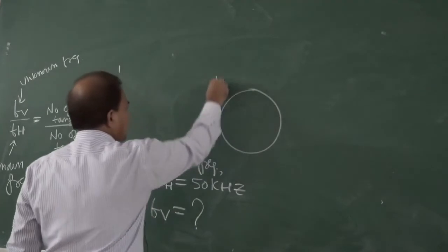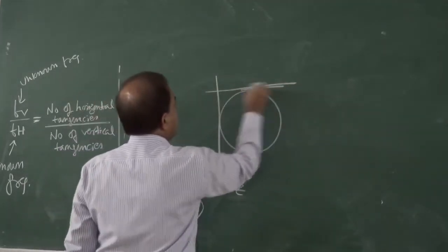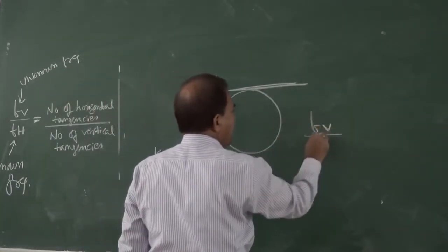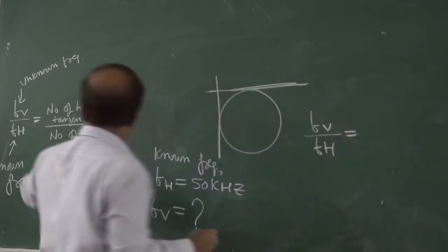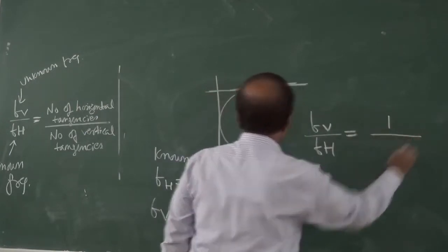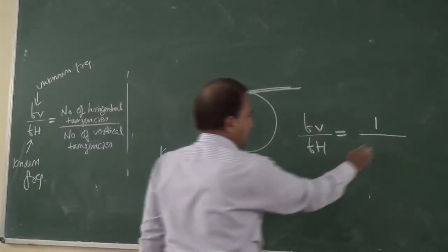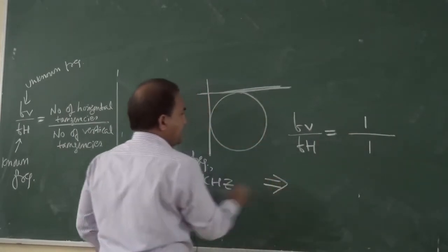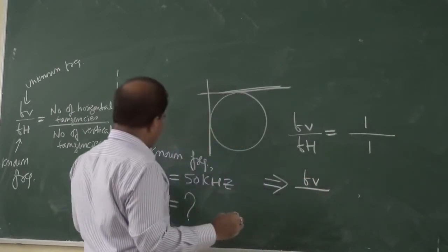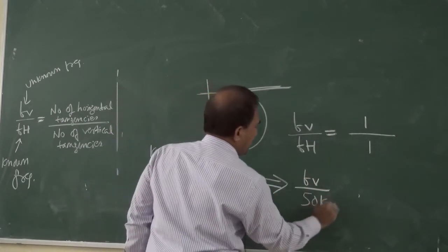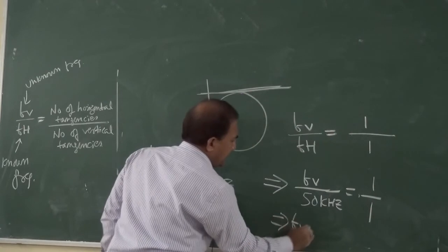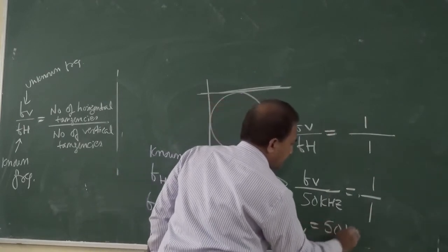By using the same formula, FV by FH is equal to the number of horizontal tangencies, which is 1, divided by the number of vertical tangencies, which is again 1. You can see. So FV divided by FH, with FH given as 50 kilohertz, is equal to 1 by 1. So FV is equal to FH.